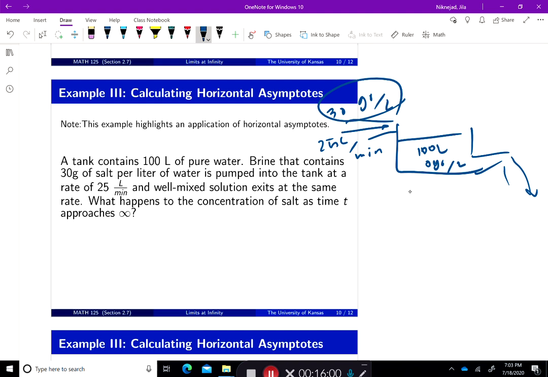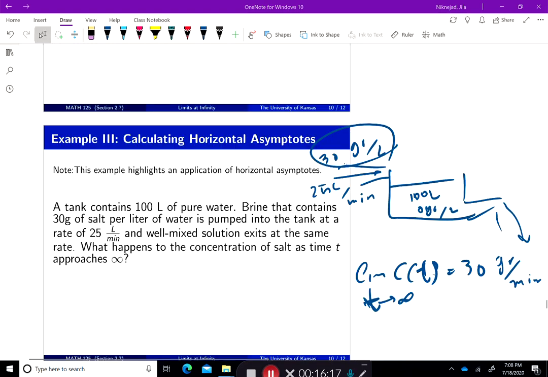So what is happening is that the limit of the concentration C of t as t goes to infinity has to be the concentration of what is coming in, 30 grams per liter. This also gives us a little bit of insight on what the model looks like. If this is C of t and this is t, this is 30 grams per liter.